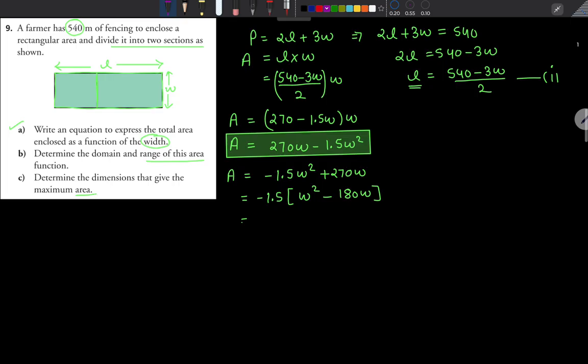Now, negative 1.5. To convert this into a completing square, we write this as 2 times 90 times W, and we also add and subtract the square of 90.